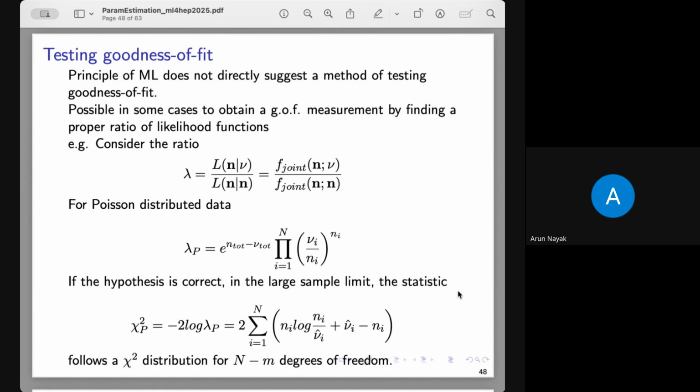So you can use this statistic as a goodness of fit test.